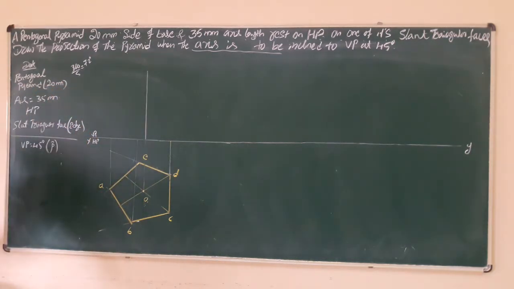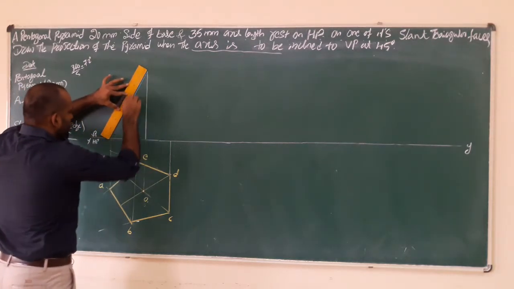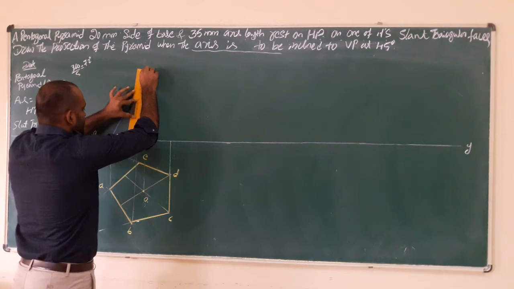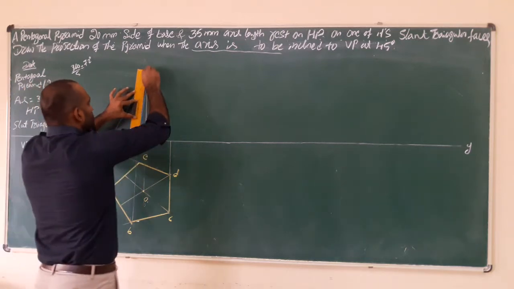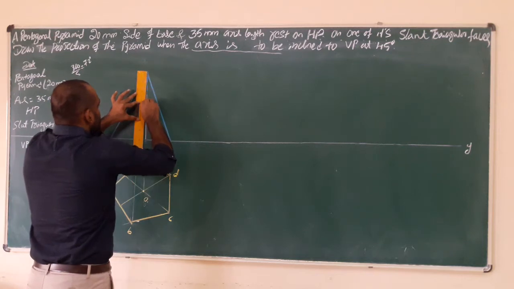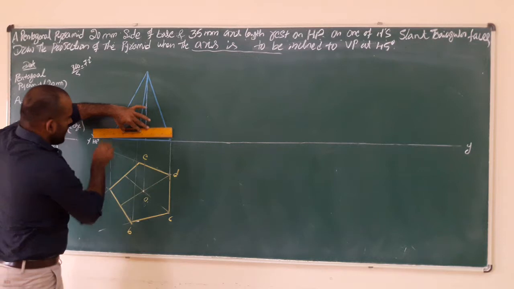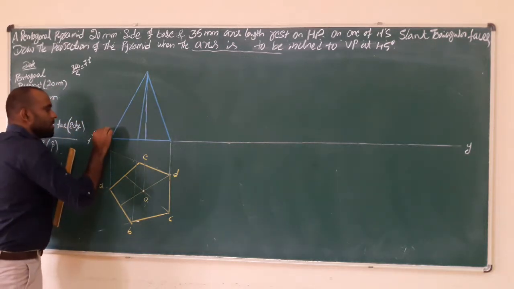Next, you have to draw the pyramid to all the corners, with dotted lines. In the problem, A is visible, A dash.